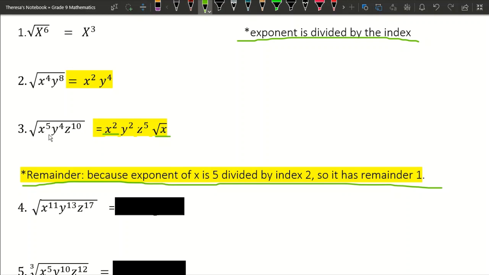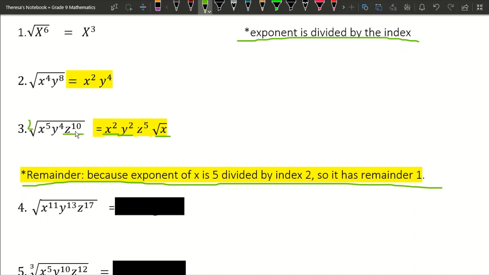Right? Then we also have here y raised to the 4th power and 4 divided by 2, that is 2. So, kaya meron tayong y raised to the 2 power or y squared here. And since 4 siya, divisible siya ng 2, so wala tayong remainder. So, walang y dito sa loob ng ating radical sign. Another is z raised to the 10th power. Divide natin siya sa index here na 2.